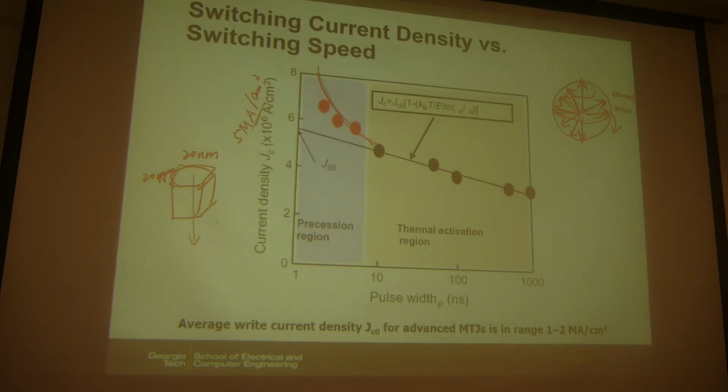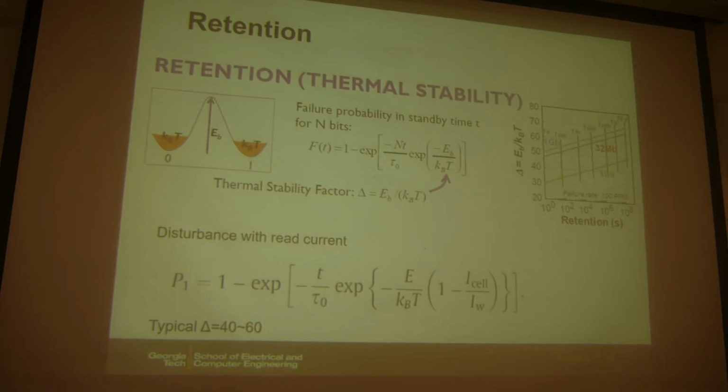It's like you are standing on top of the barrier, and then you will fall down easily. This barrier depends on the material you use, and it is compared with the thermal energy, because thermally you may have noise.